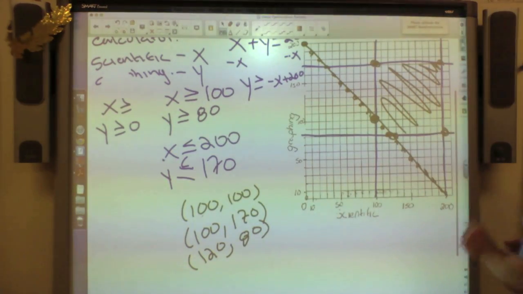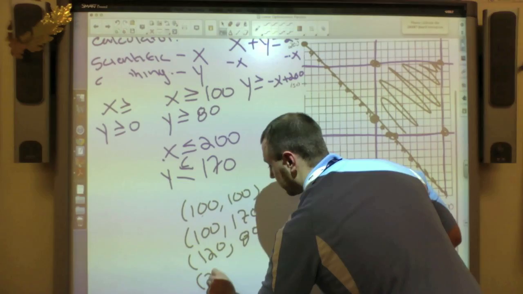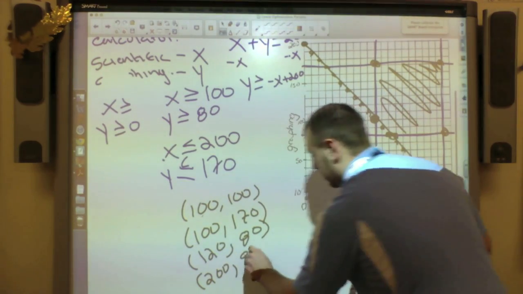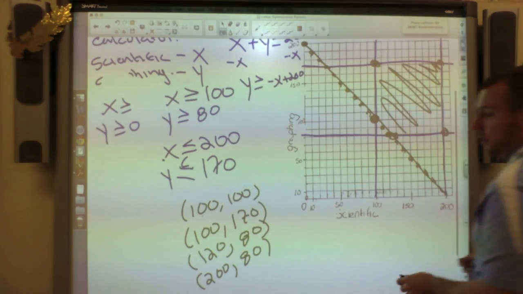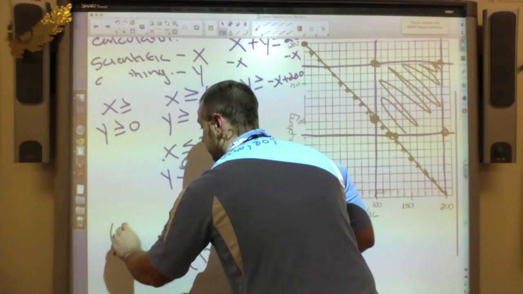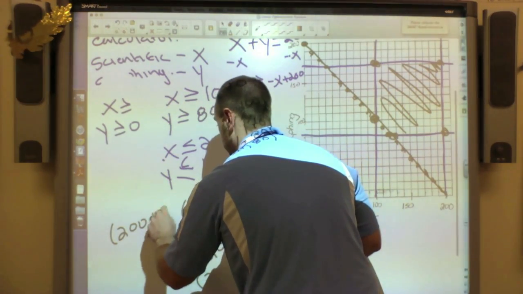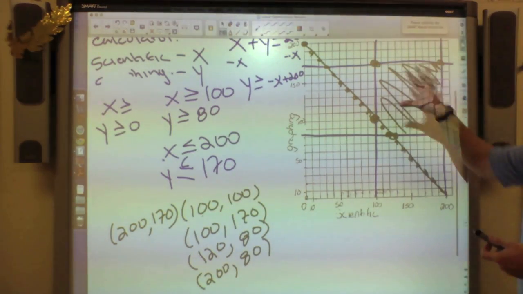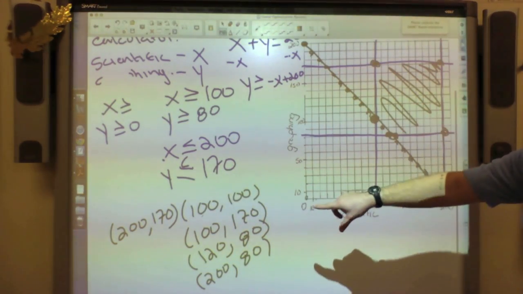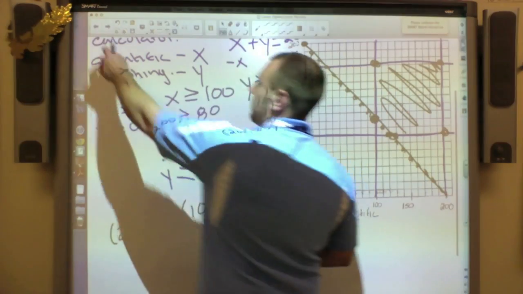I then have 200 and 80. And I have 200 and 170. So that's my feasible region. Those are my vertices. Check.